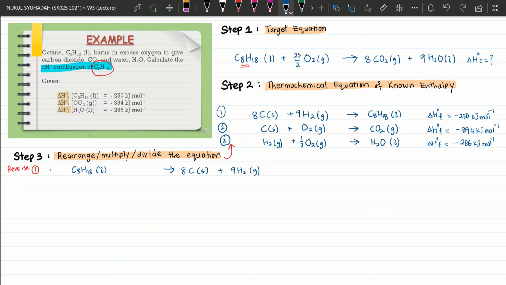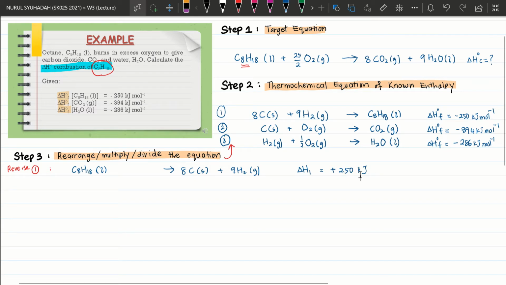Like I mentioned before, since I reversed the equation and the magnitude is still the same, I need to change the delta H. So right now I put down delta H as delta H1, positive 250, and the unit will only be kilojoule, not kilojoule per mole anymore. The kilojoule per mole comes later on the final answer. But for step 3, it will be kilojoule only.